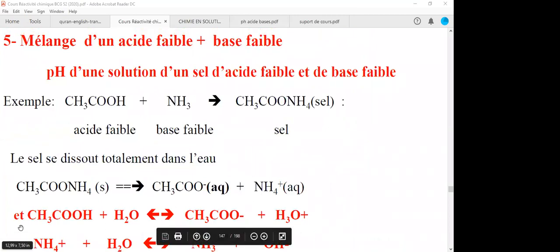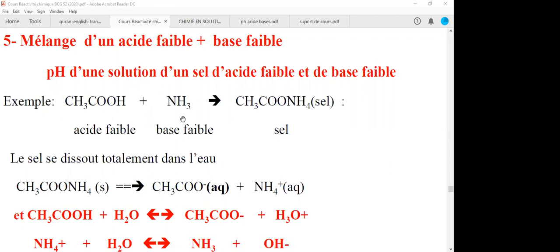Then here we now have mélange d'un acide faible et base faible: pH d'une solution d'un sel d'acide faible et de base faible. Normally, we know that when we mix an acid and a base, we form a salt. So let's see how we can find the pH of this salt.